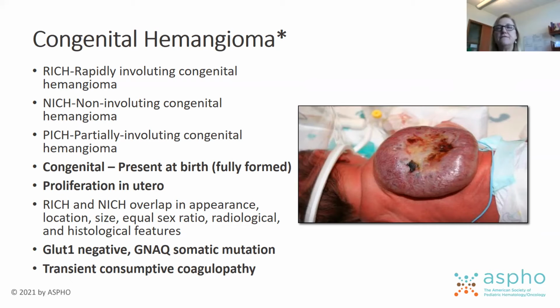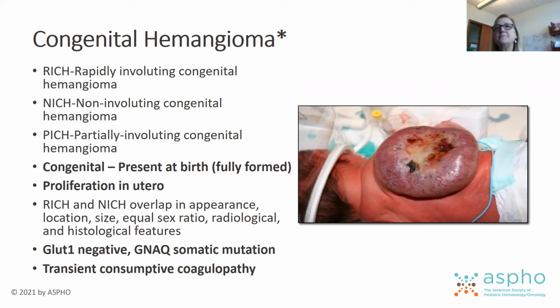So unlike infantile hemangiomas, they are GLUT1 negative. And a lot of times these lesions can be picked up in utero. So you actually might have a congenital hemangioma of the liver that you are consulted on by your fetal service because it is picked up in utero. It has the name hemangioma only because it is a vascular tumor.